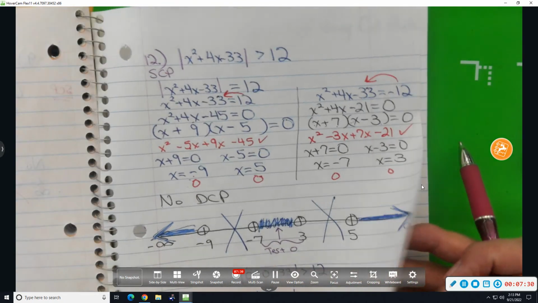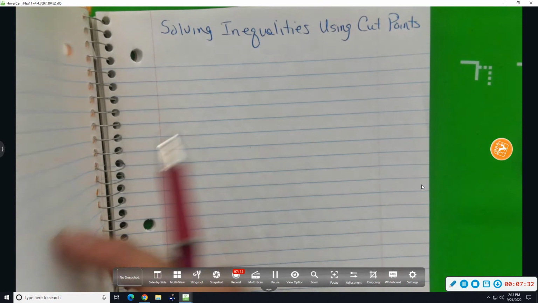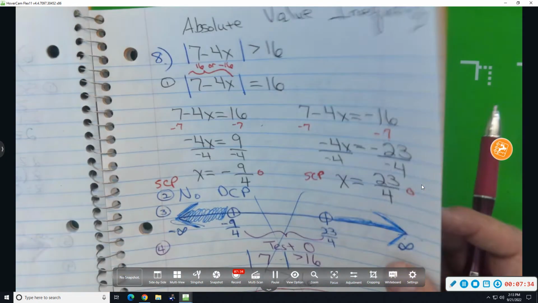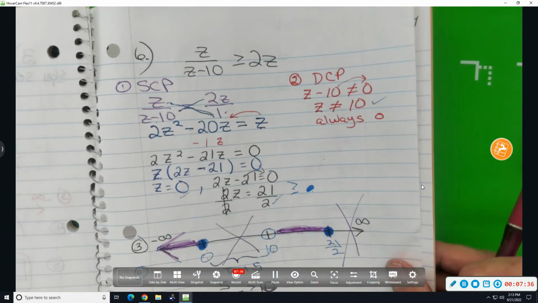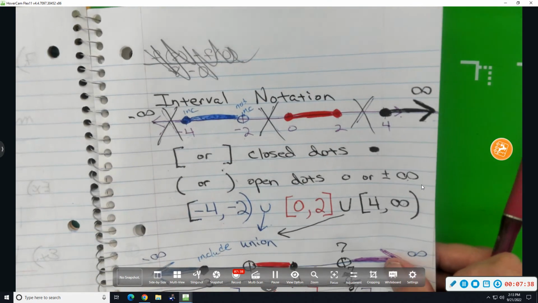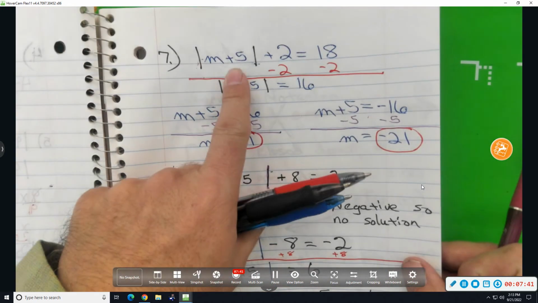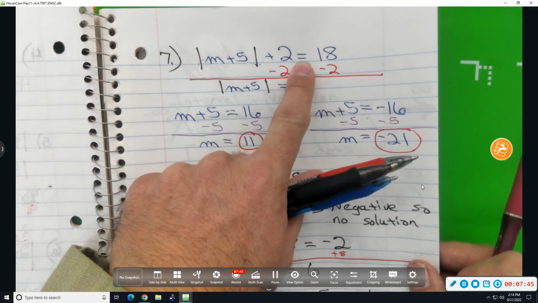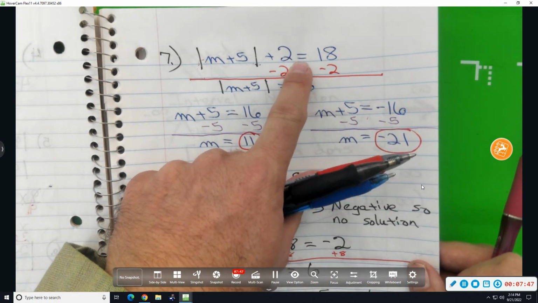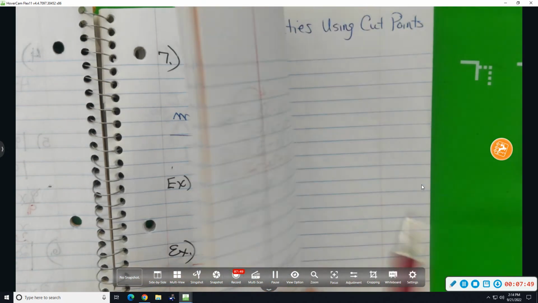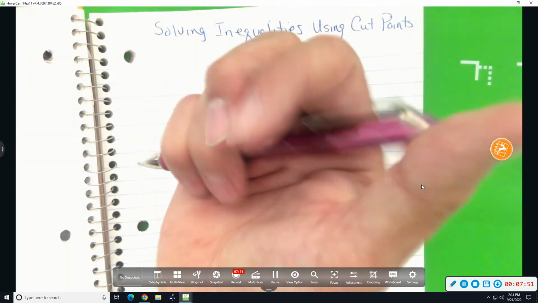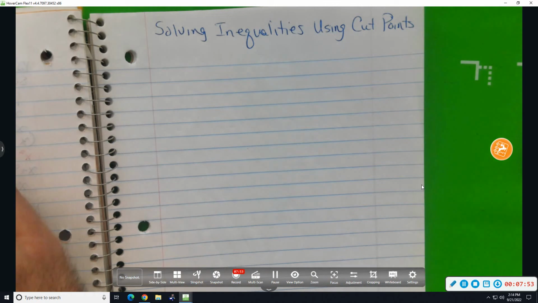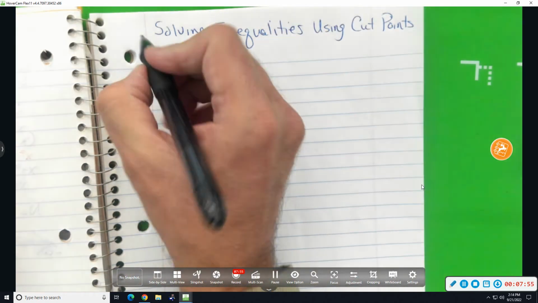An equation has an equal sign. Let me find what we were doing the last time. Like right here, you remember solving these absolute value equations? An equation has an equal sign in it. Today, we're going to solve inequalities. And what is an inequality?